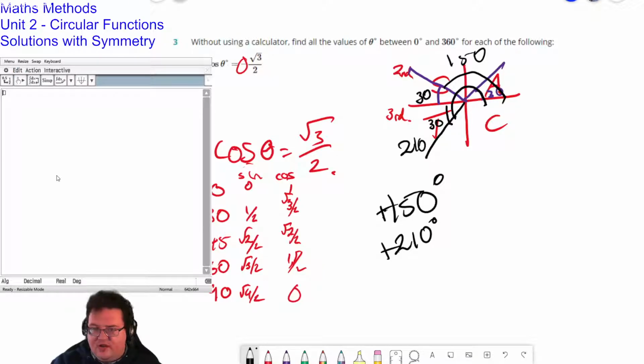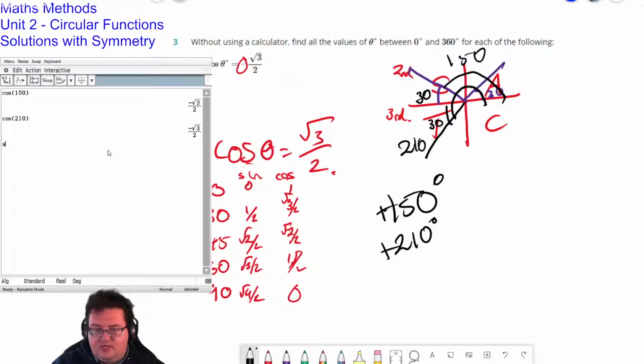Set my CAS to degrees. Standard. Negative root 3 on 2. Ta-da! So how would you do this question with the CAS? If I was allowed to use the CAS, easy.